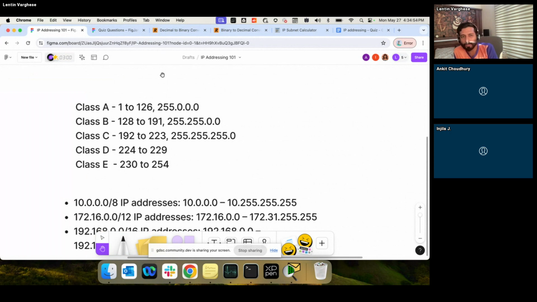We won't discuss a lot about class D and E. Class E was created for research purposes. Class D was created for multicast. The multicast we will discuss when we talk about special IP addresses later. For now, the focus is on class A, B, and C.